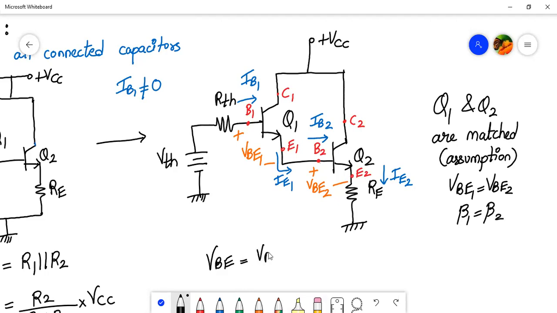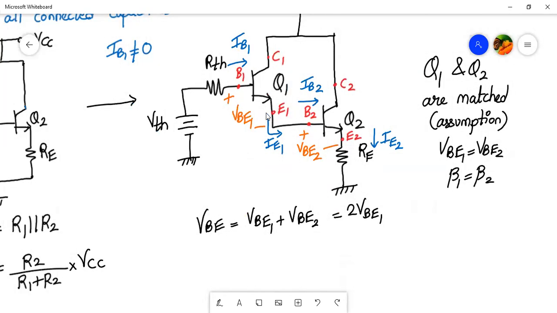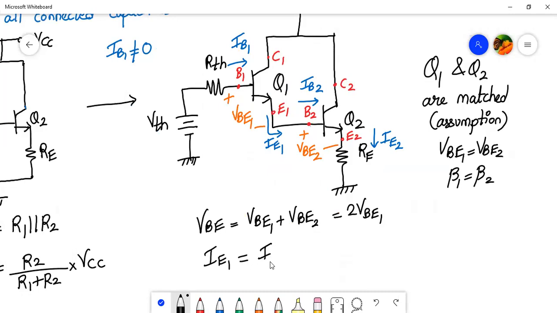So over here, originally VBE is VBE1 plus VBE2, and if they are the same, that will be equal to twice VBE1, since they are similar. And what is the other observation we see? We see that your emitter 1 current is equal to base 2 current, right? So I can write from the circuit, IE1 is equal to IB2. So these are some of the observations which will help us calculate the Q point.